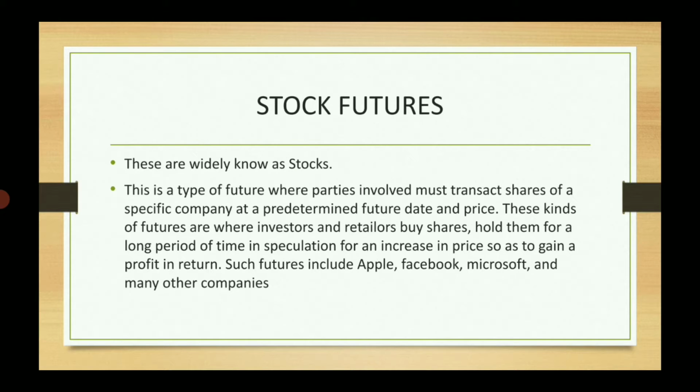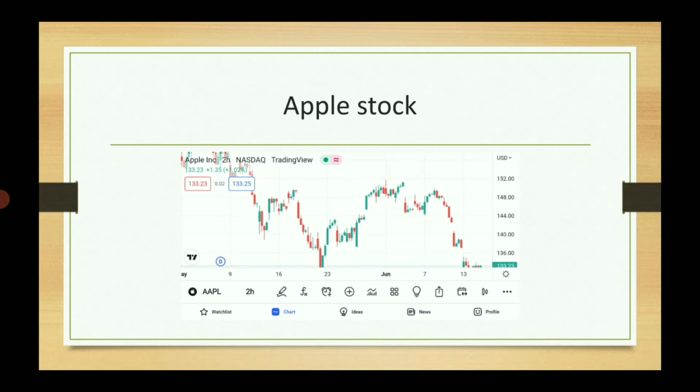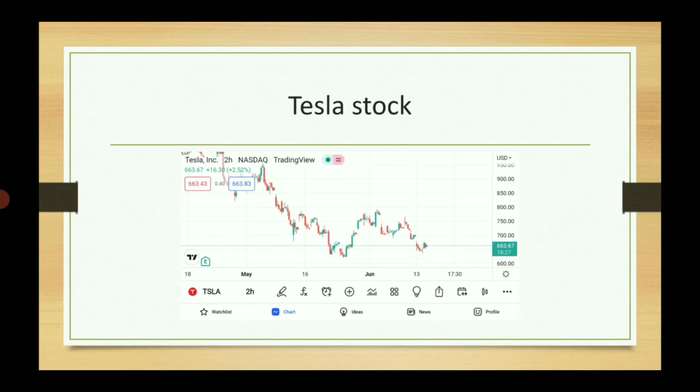So a portfolio is the liquid assets you have. Some of these stocks include Apple, Facebook, Microsoft, and many others. Now this is an Apple stock, as you can see here. As you can see, the gaps going up, that is the price movement. As you can see also, there is Tesla.